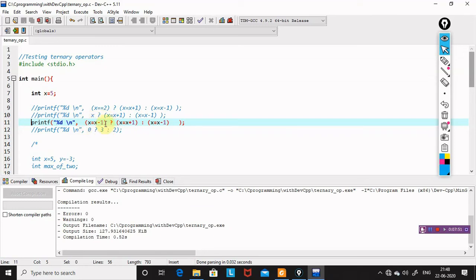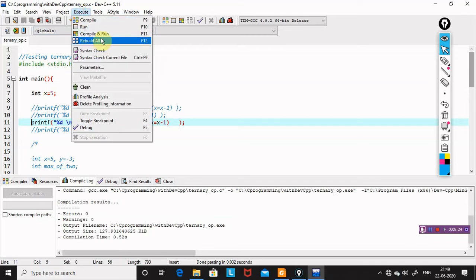Now 4 is non-zero, so that translates to the condition being true, and so again this expression will be evaluated and the value returned. So as before, what should we expect? Since x had already been decremented by 1, so now it is again incremented by 1, so we should expect 5 to be returned as the value of the whole ternary expression and then printed in this place.